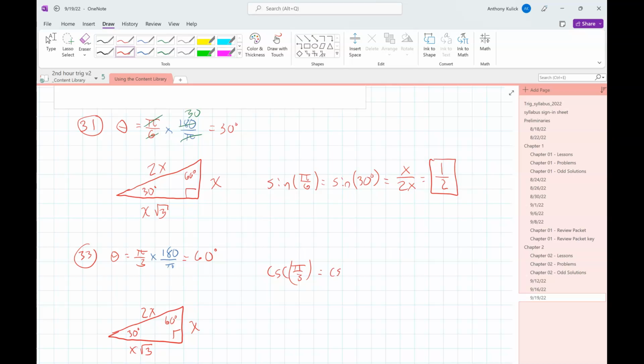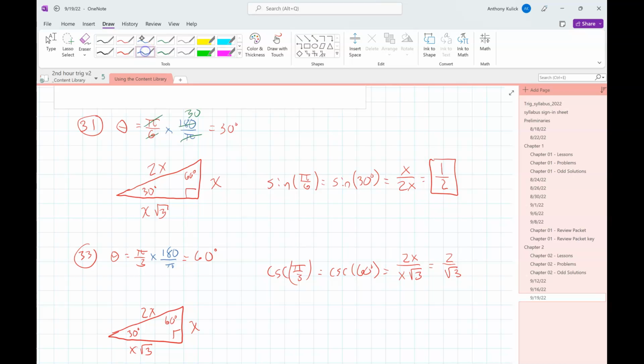And I know that's the same thing as cosecant of 60. And cosecant was hypotenuse over opposite. I can reduce the x's.